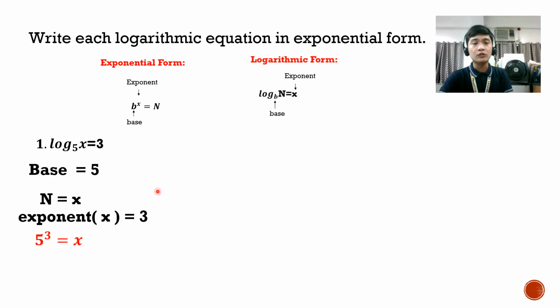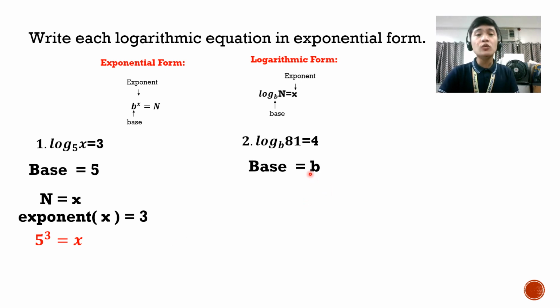Nire-rate lang natin itong tatlong ito dito. Kaya nilagay ko yan dito para guided tayo. Another example, let's have number 2. Logarithm of 81 base of b is equal to 4. So just like what we did on the first example, i-identify muna natin yung base, yung ating n, at yung ating exponent.